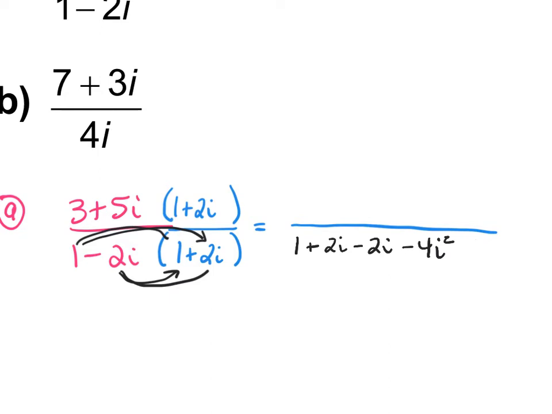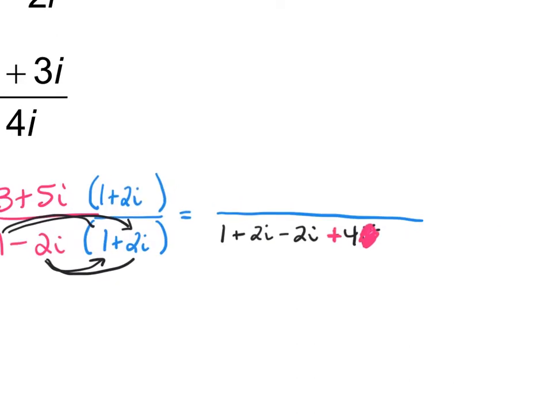As soon as you see i squared, cross it off and change the sign in the front. Work with your reals. What's 1 plus 4? 5. What happens with a positive 2i and a negative 2i? They cancel out.